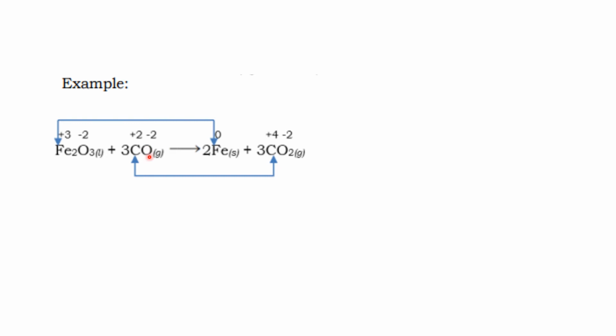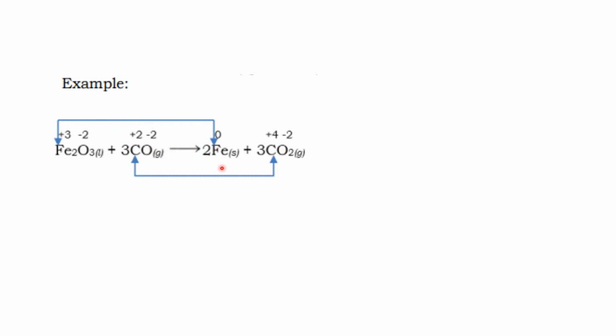So what number can you multiply by carbon 1 so that when you add to the oxidation number -2 of oxygen, you will get a net charge of 0? So that is +2. That's why carbon is +2, because oxygen is automatically -2.